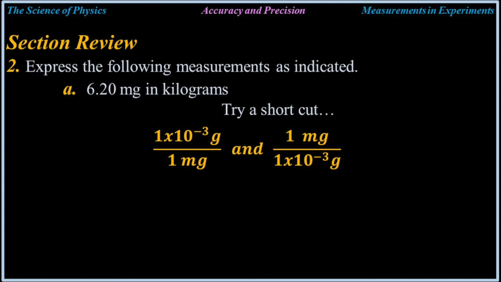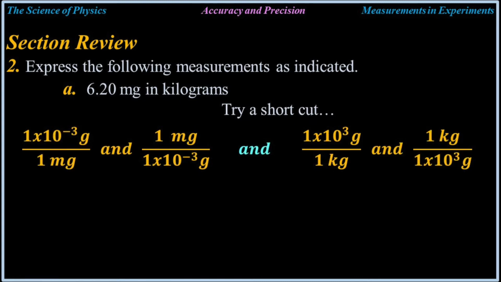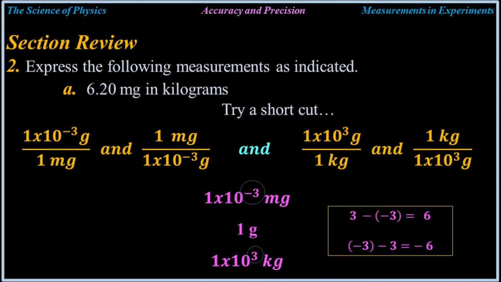2.20 milligrams in kilograms. And then we're gonna try a shortcut. So we have 10 to the negative 3 grams to milligrams, etc. Well, it could be thought of as being more like 10 to the 6th or 10 to the negative 6th, depending on which way you're going from milligrams to kilograms.